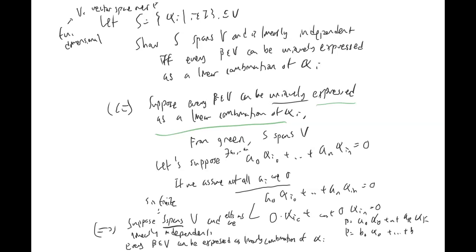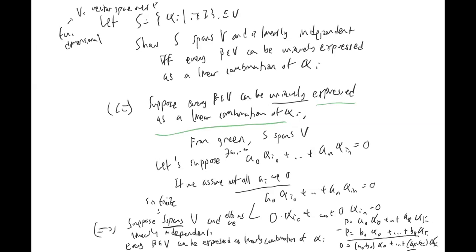Does everyone see what happens next? If I subtract, it's the same argument. 0 is (a0 minus b0) alpha 0 plus, and so on, plus (ak minus bk) alpha k. Since these are two different expressions, not all of these are zero.